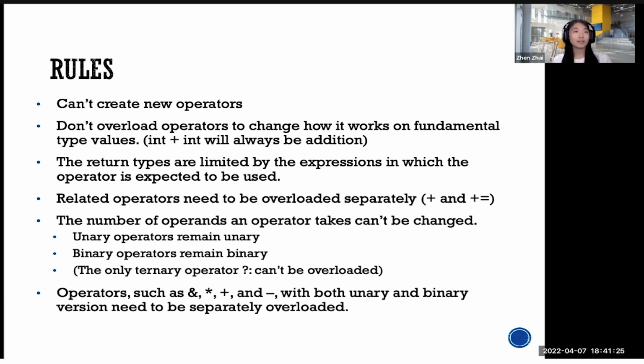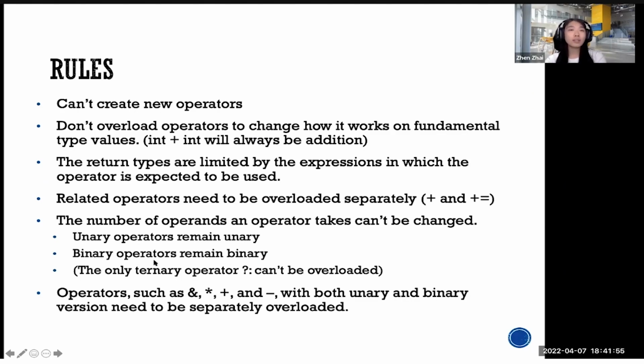All right. Finally, operators such as ampersand, star, plus and minus that can work as both unary and binary versions need to be separately overloaded. So there are operators that can work with one operand, acting as a unary operator, and can also act as binary operators.